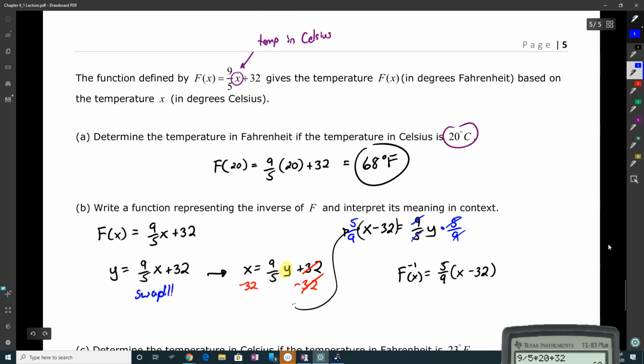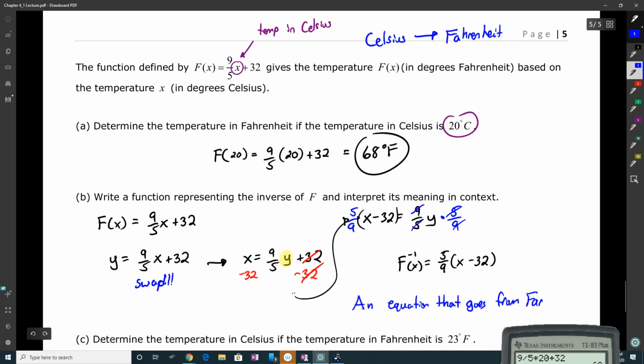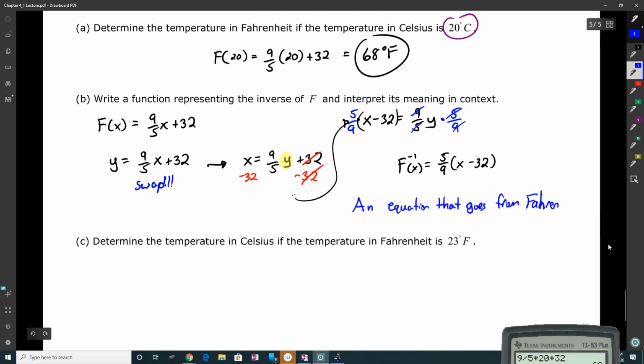Well, if the original problem goes from Celsius to Fahrenheit, another word that I can't spell, F-A-H-R-E-N-H-E-I-T, then the inverse must go from Fahrenheit to Celsius. So it's an equation that goes from Fahrenheit to Celsius.